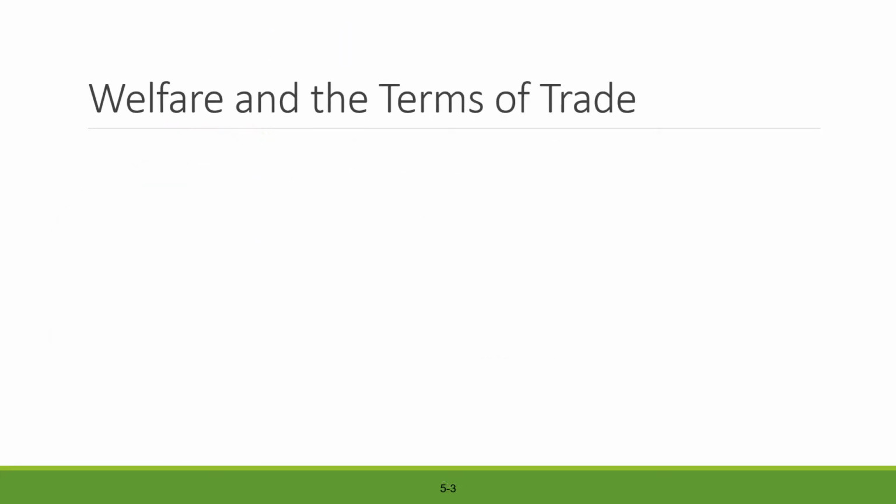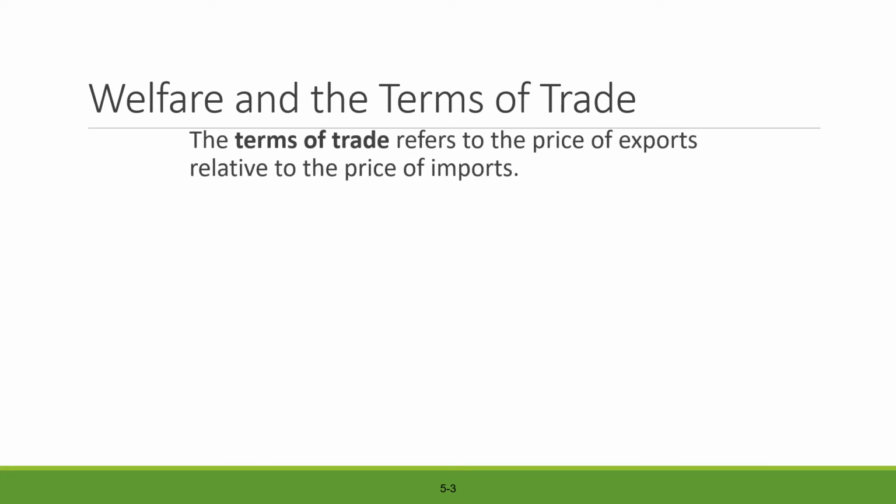In this section today we are going to discuss the welfare effects of the international trade and the standard trade model. So basically we use the terms of trade to explain this welfare effect, and the terms of trade is actually the price of exports relative to the price of imports. Why is this important? Why is the term of trade important?